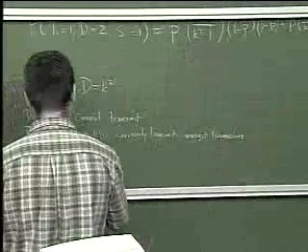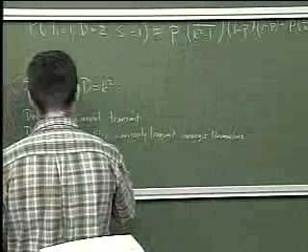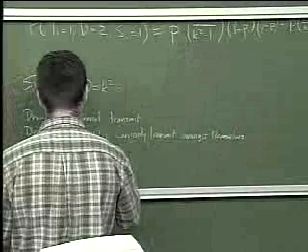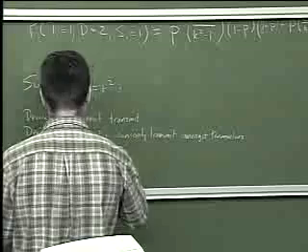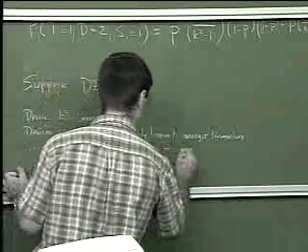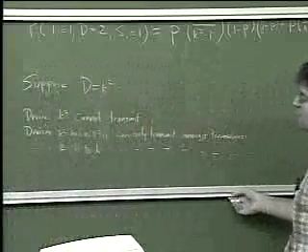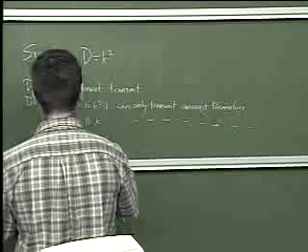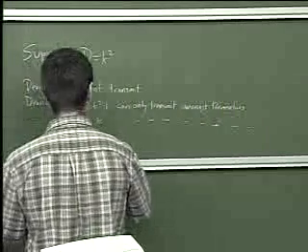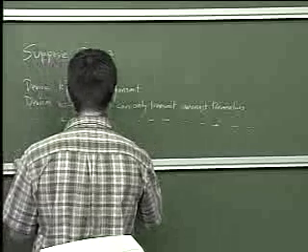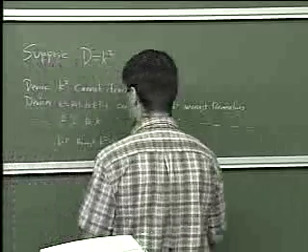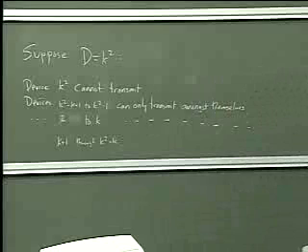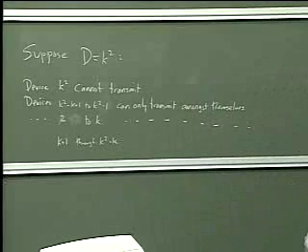Devices 2 through k can only transmit amongst themselves. And devices k plus 1 through k squared minus k can also only transmit amongst themselves.